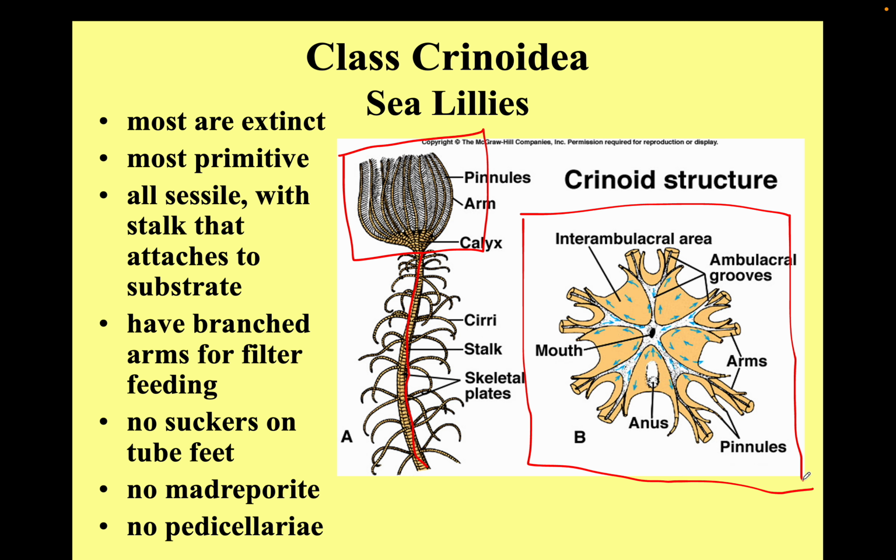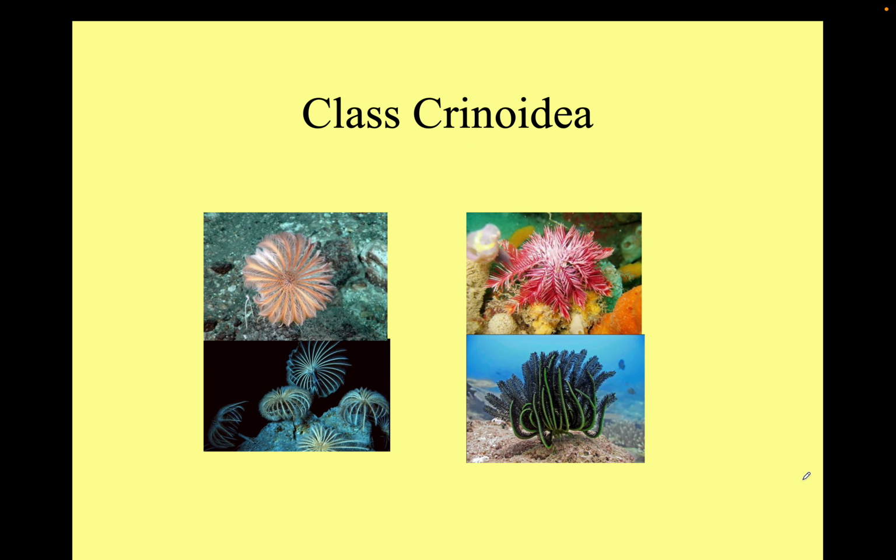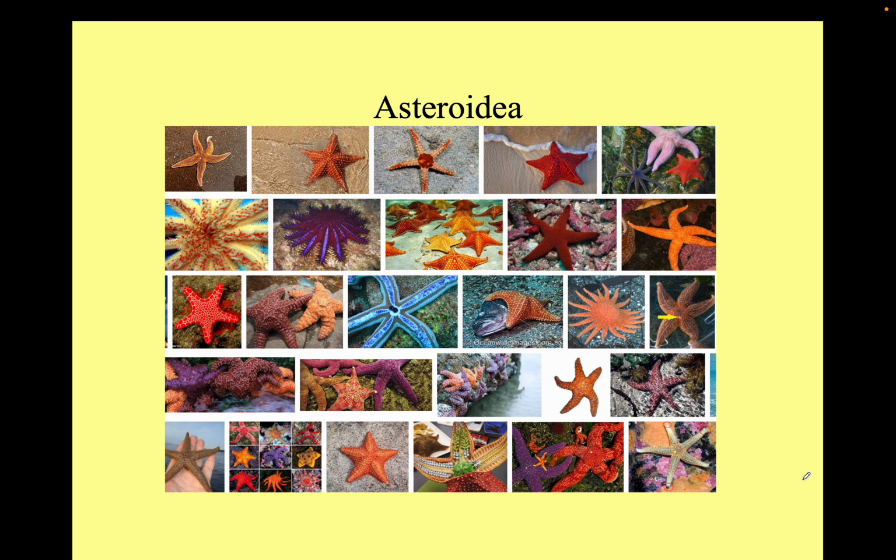There are no pedicellariae on the epidermal tissue. Most crinoideans have a very colorful appearance, possessing a variety of colors. The sea lilies and the feather stars are the known extant major groups under Crinoidea.